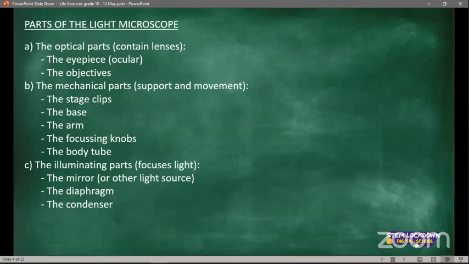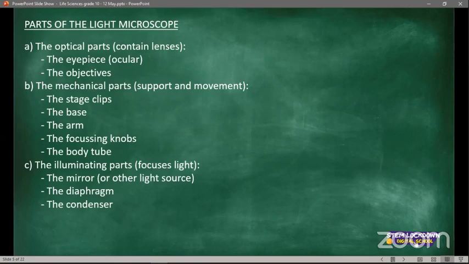we talked about the parts. Now the parts of the light microscope, or the compound light microscope, we said it has the optical parts, which contain the lenses. That is the eyepiece or the ocular lens, and the objectives. Now these are the optical parts. They contain the lenses; you use these parts to view or to see.